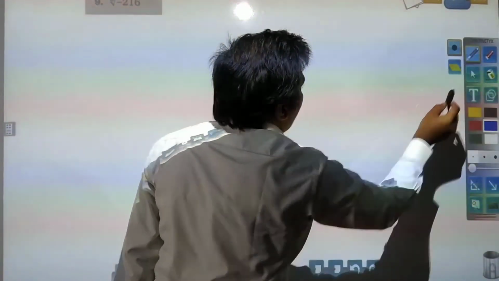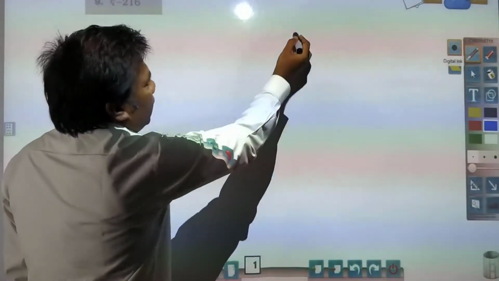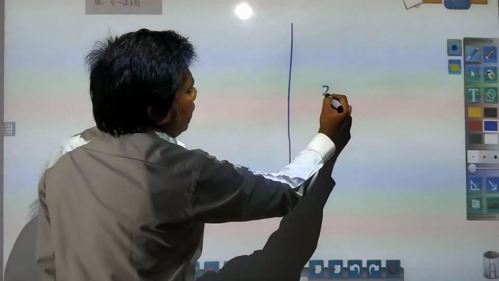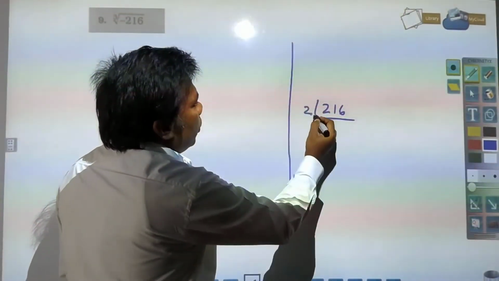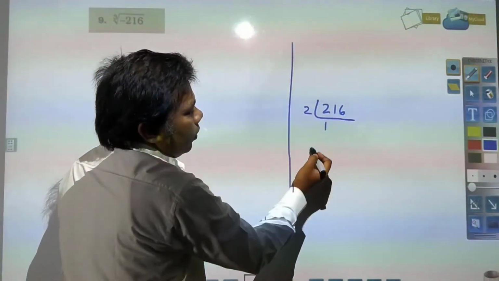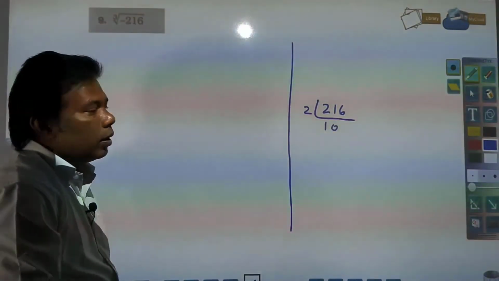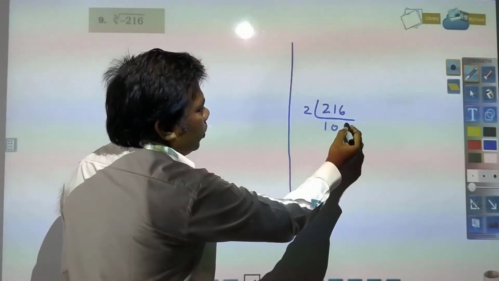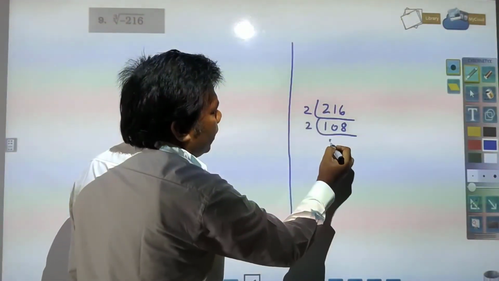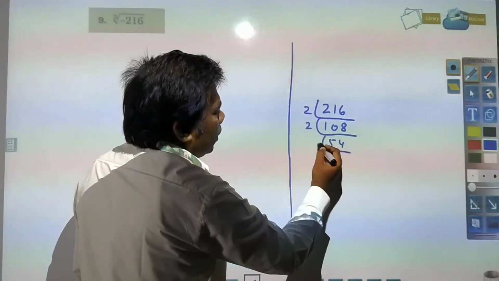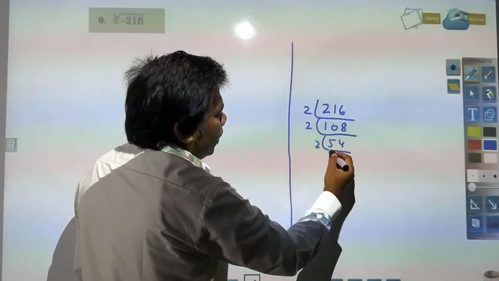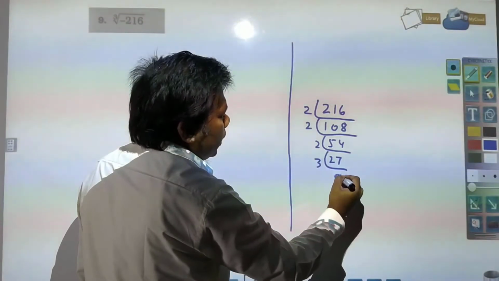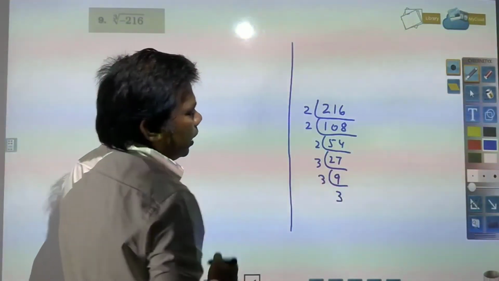We need to find the prime factors of 216. Just find: 2 1s are 2, 1 you have, 0 is to be put. Now it becomes 16, 2 8s are 16, 2 5s are 10, 2 4s are 8, 2 2s are 4, and 2 7s are 14, 3 9s are 27 and 3 3s are 9.